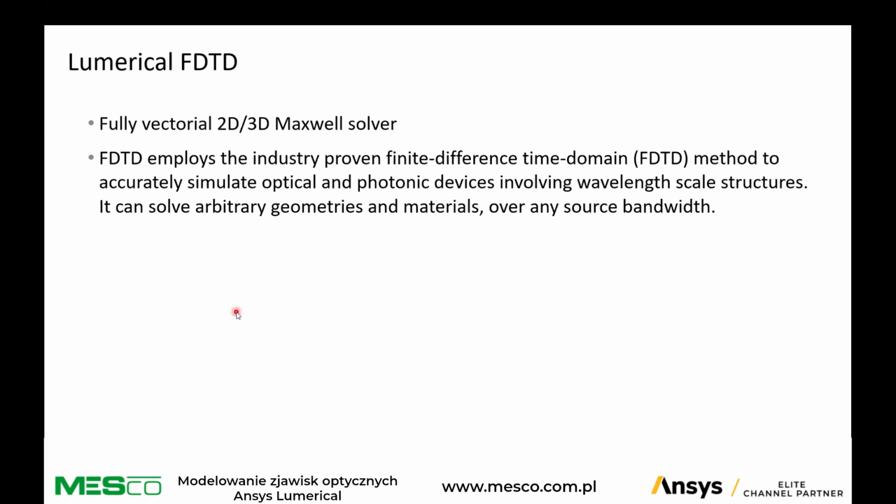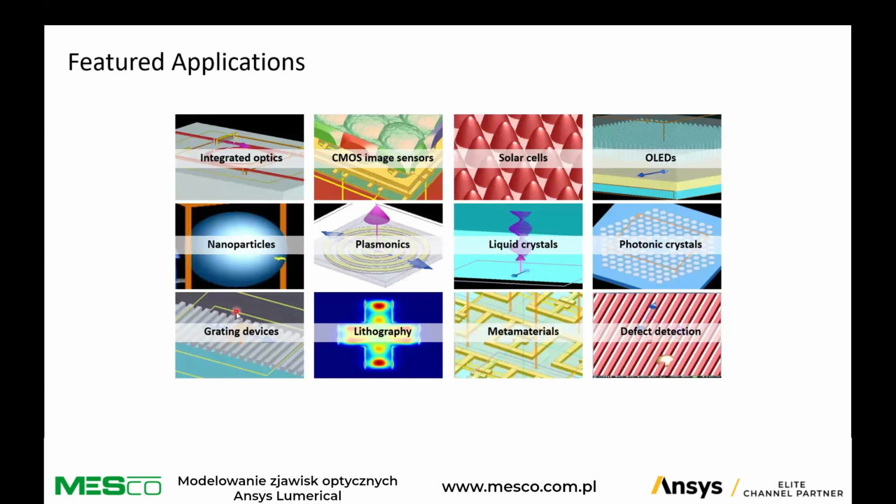And because there's no assumption or approximation, the FDTD method can be used in a wide range of applications, going from integrated optics, image sensors, solar cells optimization, LEDs and organic LEDs, nanoparticle scattering, plasmonic applications, and so on.